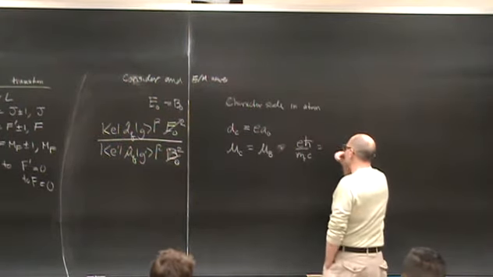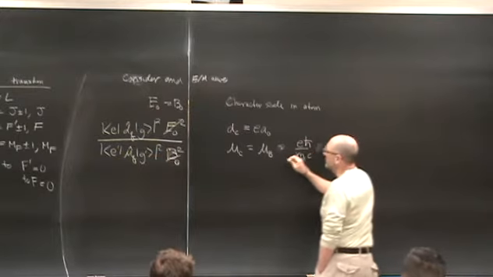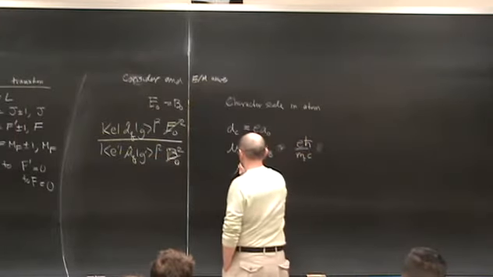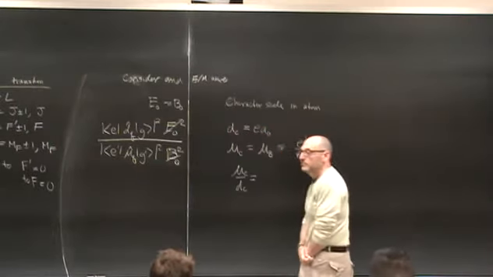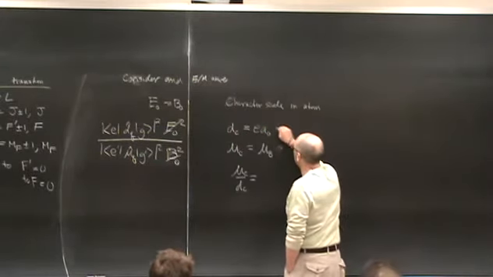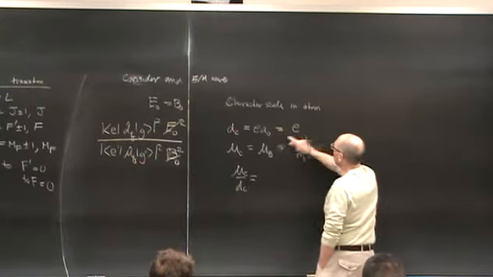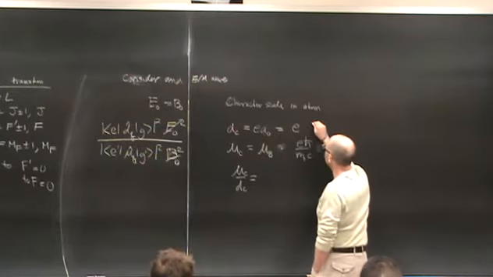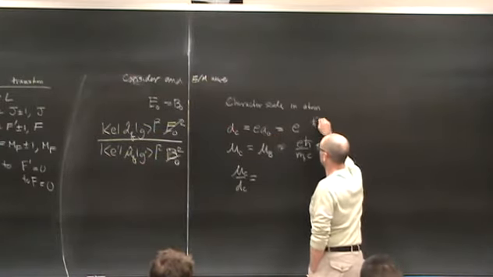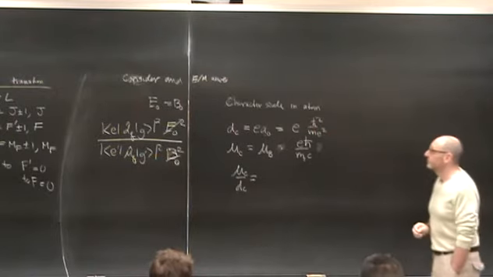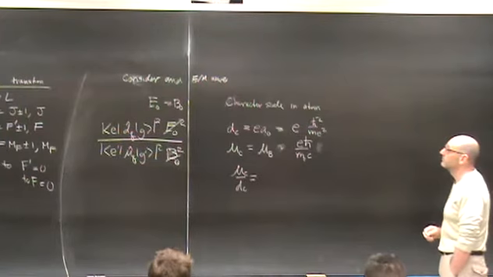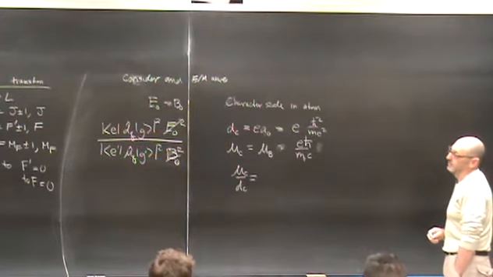And I look at the ratio of these. By the way, the Bohr radius is h bar squared over m e squared. Should it be d over e over mu, not mu over d? Well, it depends what I'm interested in.